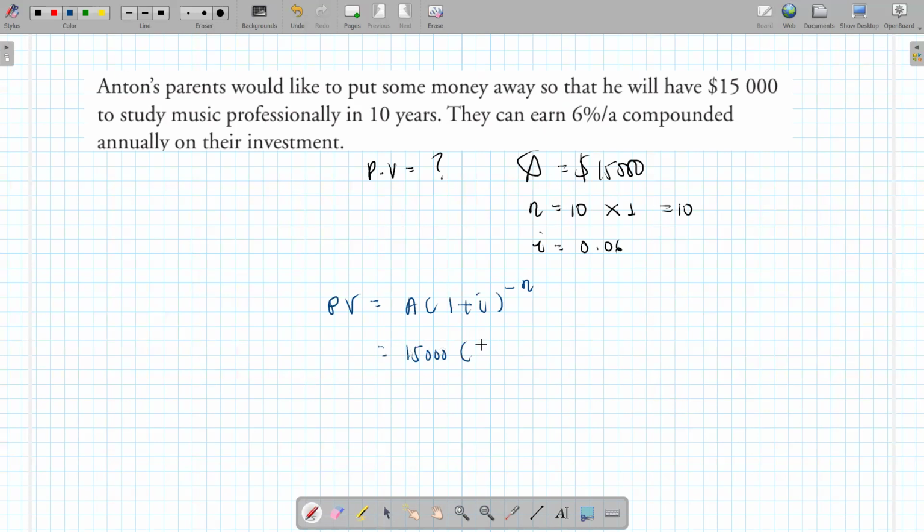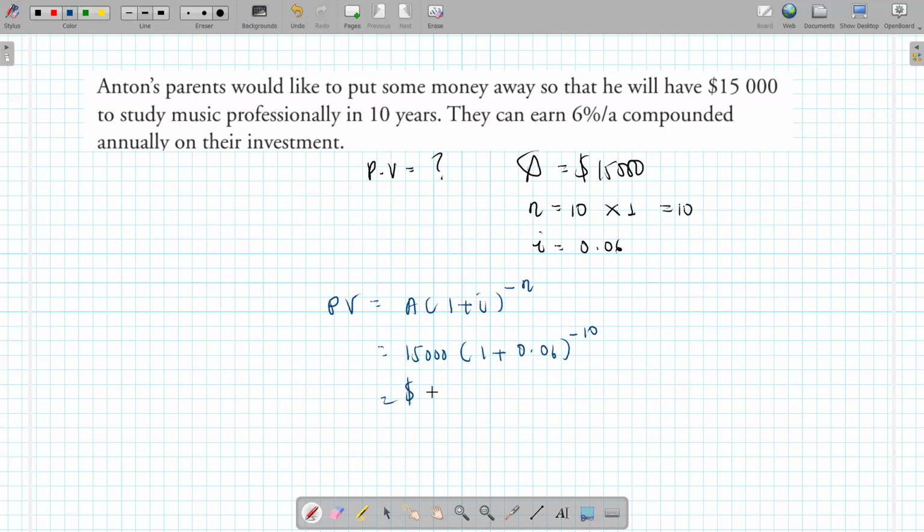Now you just plug everything in. 15,000 times (1 + 0.06) to the power of negative 10. First you want to compute 1.06 to the power of negative 10 and then multiply that by 15,000. Are we expecting this number to be higher or lower than 15,000? Lower, because you're essentially dividing by something with a positive exponent.